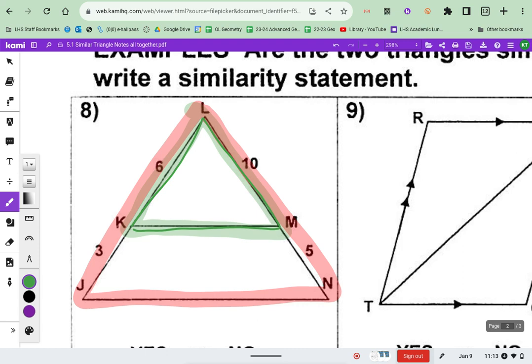The first one I got yes. Yes, yes, and no. Parallel doesn't mean they're then you have that angle since they both share that.